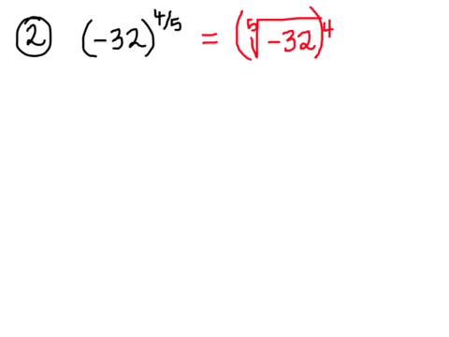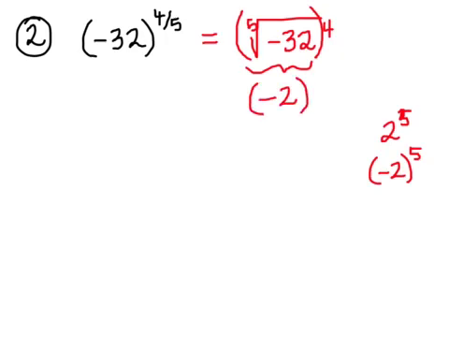But if we take the 5th root, 32 is 2 to the 5th. So -32 is -2 to the 5th. And so when we 5th root -32, we get -2. Now, if we take that to the 4th power, notice the parentheses are very important.